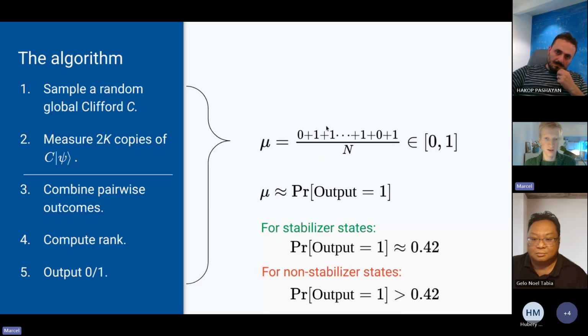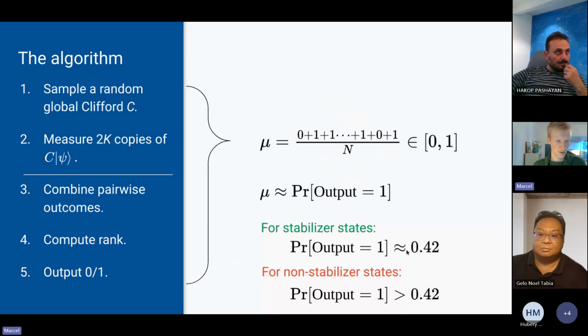Tolerant testing is something that has recently been very hip in the stabilizer testing literature. Basically what you would like from a test is that if you're very close to a stabilizer state, you would still want to accept.